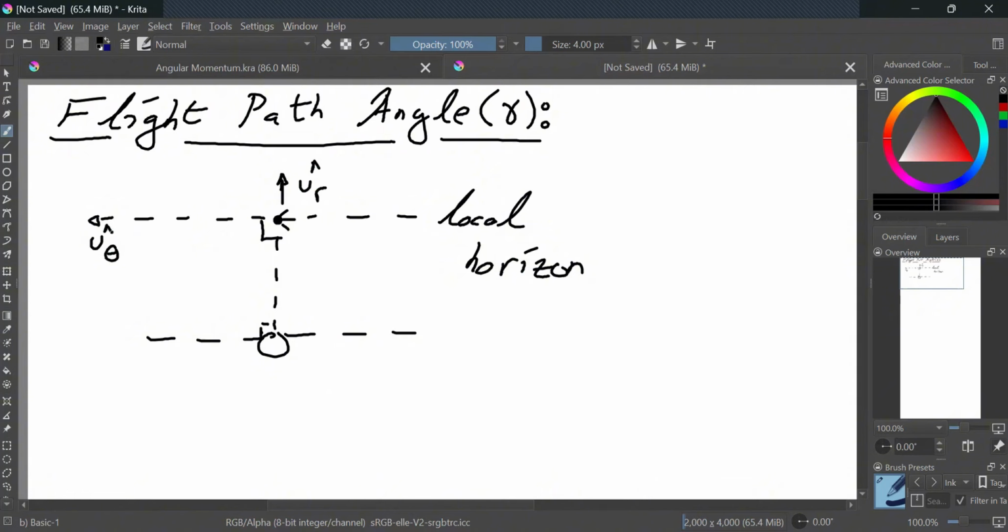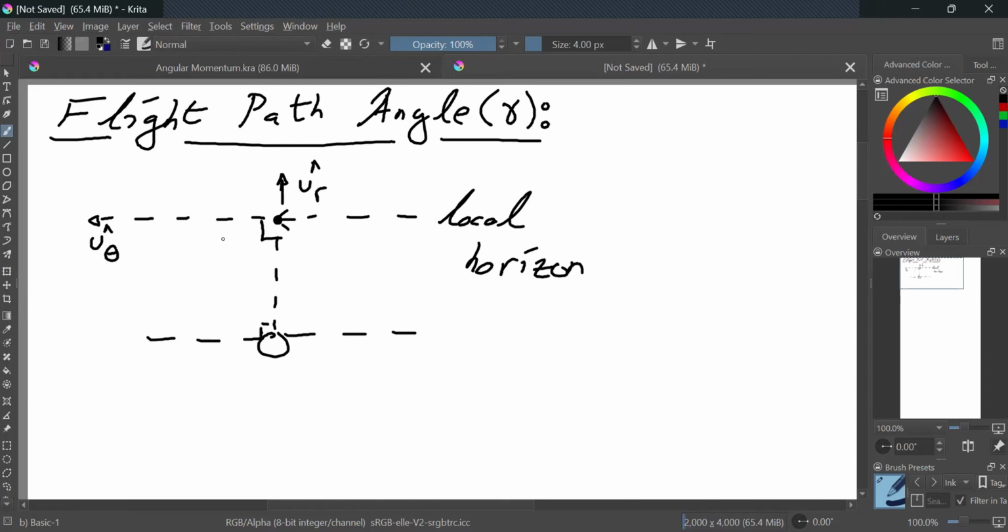So, why am I telling you this? Well, if a satellite or an orbiting body were moving in a circular orbit, it would only ever have velocity in the tangential. It would only ever be moving tangent to the local horizon. In nature, more often than not, you will not see that.